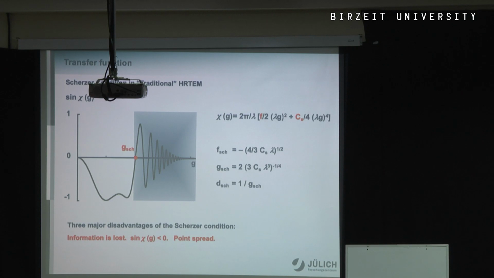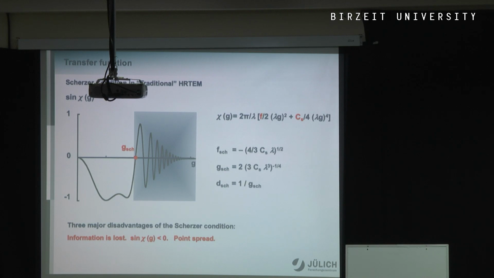And so when you try to optimize spatial resolution, you usually change the defocus of the objective lens to try to offset the unavoidable spherical aberration of the imaging system. I'll explain in a moment why the sine of the aberration function is important and not the aberration function itself.